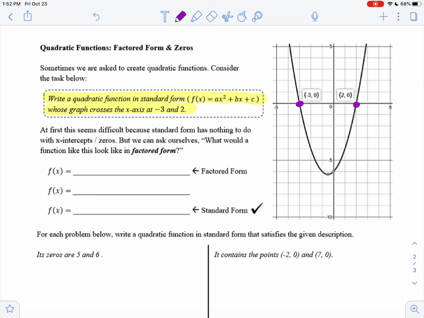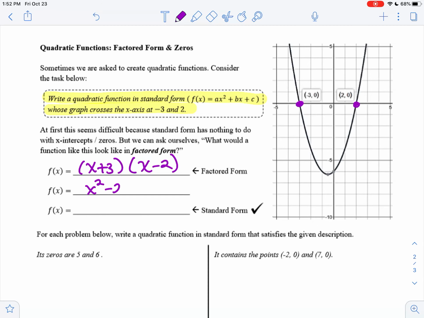So our f of x can be written in factored form first, and the way we're going to do that is we just reverse the sign for the intercept. So if x is equal to -3, then one of our factors is going to be x plus 3. And if one of our intercepts is 2, 0, we are going to have an x minus 2 for a factor.